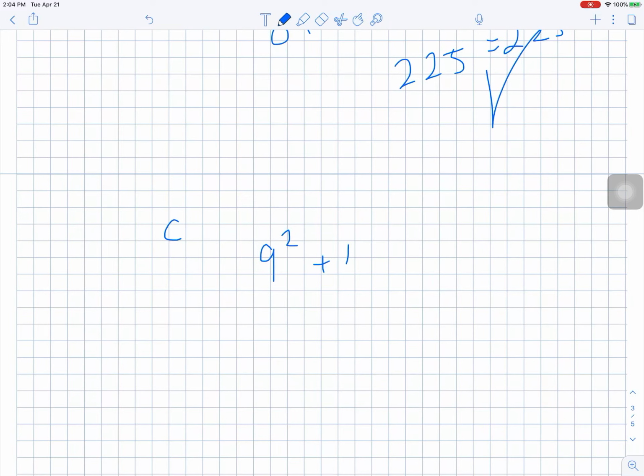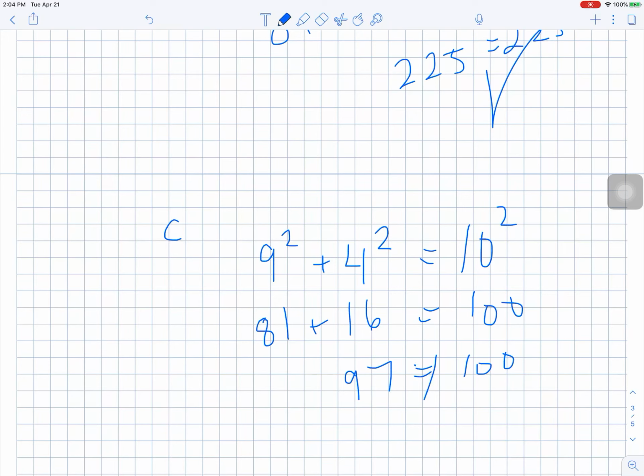C. We have a triangle with 9 squared plus 4 squared equals 10 squared. So we get 81 plus 16 equals 100. And we look at that adding, we get 97 equals 100. No, it doesn't. So only triangle B is a right triangle.